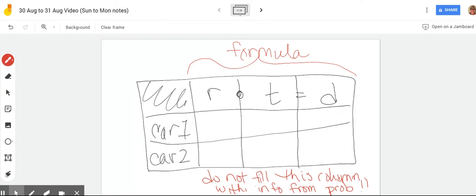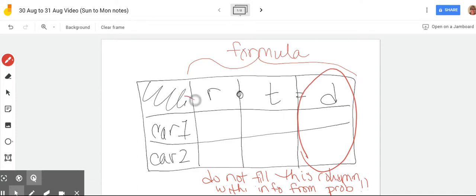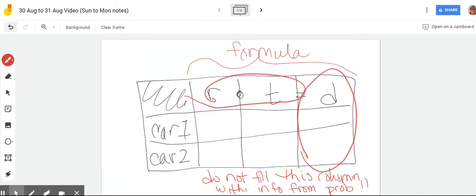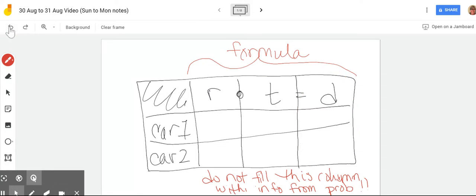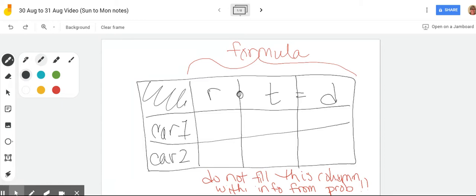What you need to know is that this column comes from these two. This column here comes from these two. Oops, I didn't realize. I thought it was on the height thing. Okay, here we go. So, for example, the rate goes here. Rate one is going to go here, rate two here, time here.